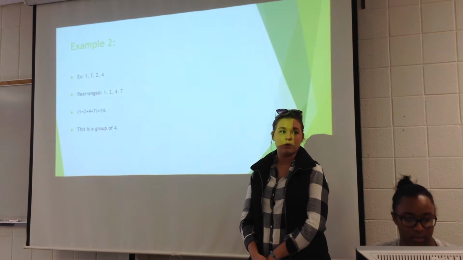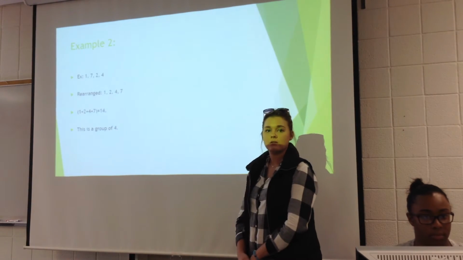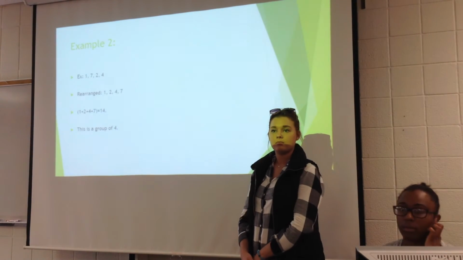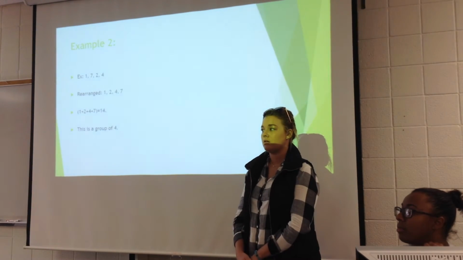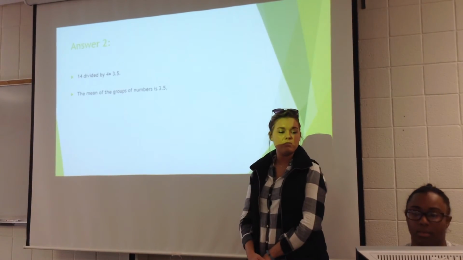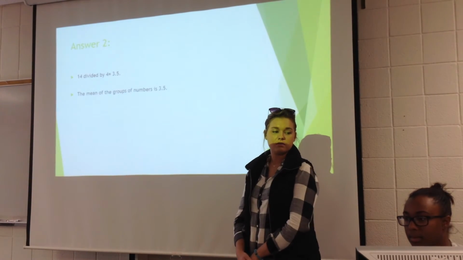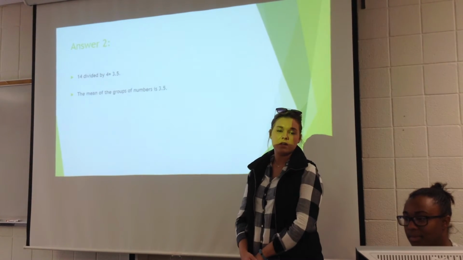And it's a group of 4. So solve the rest, and just hold up your boards when you're ready. Okay, next slide. If you got 3.5, you are correct, because 14 divided by 4 is 3.5. So the mean is 3.5.